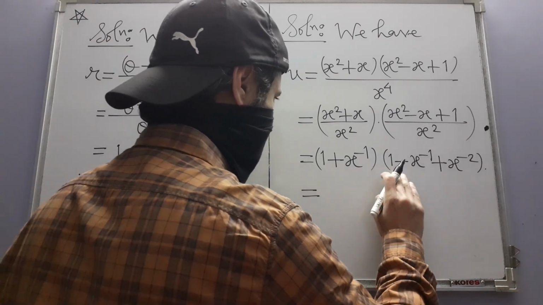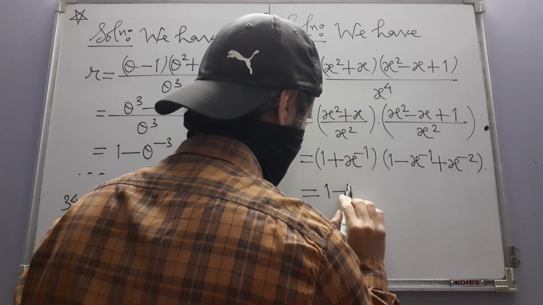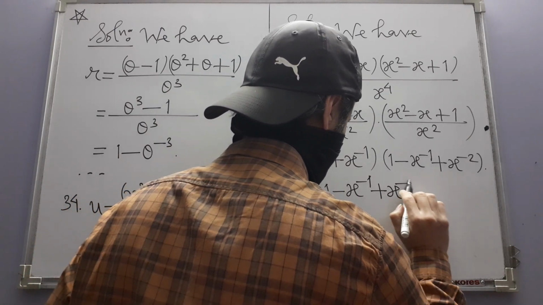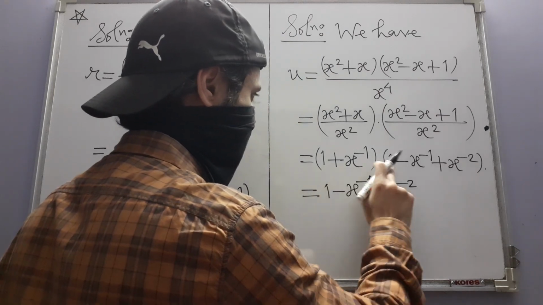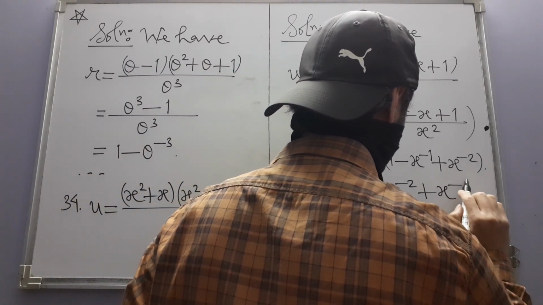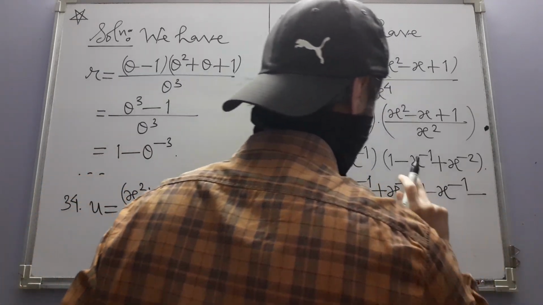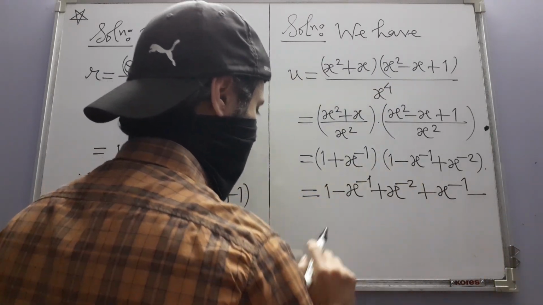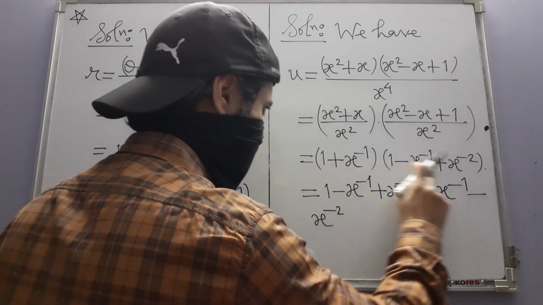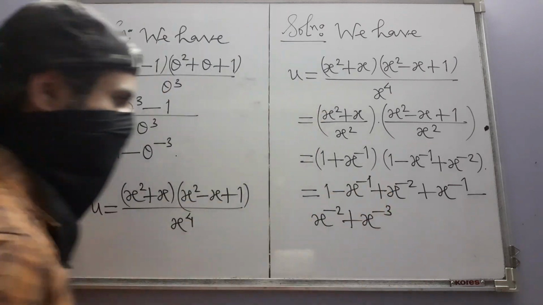So multiplying this expression by 1 produces, of course, that expression itself minus 2 plus multiply by x to the power minus 1. So plus x to the power minus 1 minus, because we have minus here, this times this is x to the power minus 2 plus x to the power minus 3.